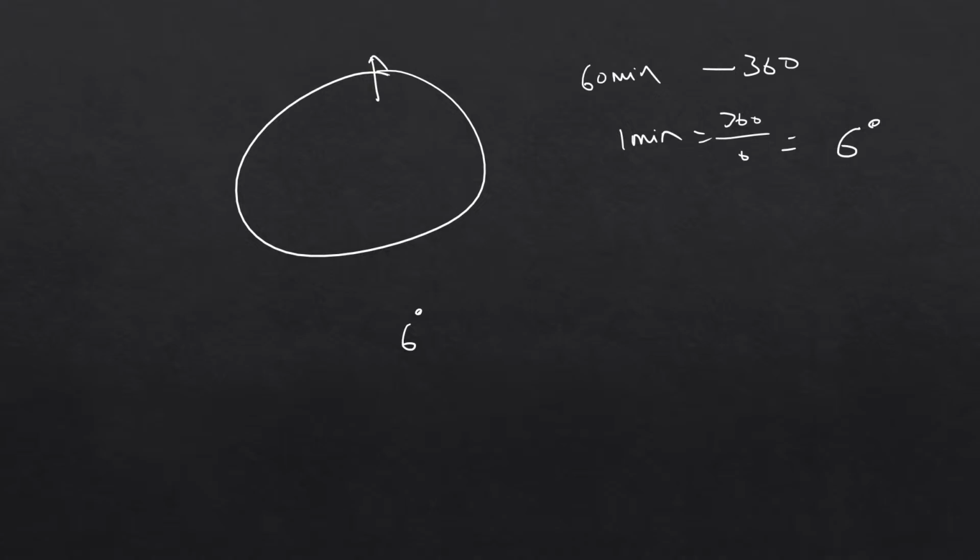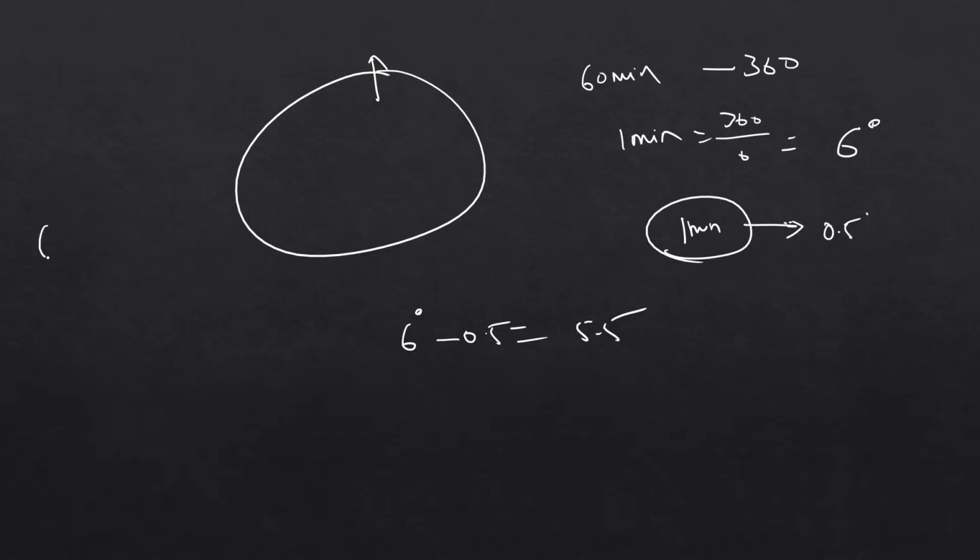Okay, similarly, what will happen in terms of our hour hand? For every 1 minute movement of the minute hand, it is going to move the hour hand by just 0.5 degree. So what is the relative speed between them, with respect to each other?